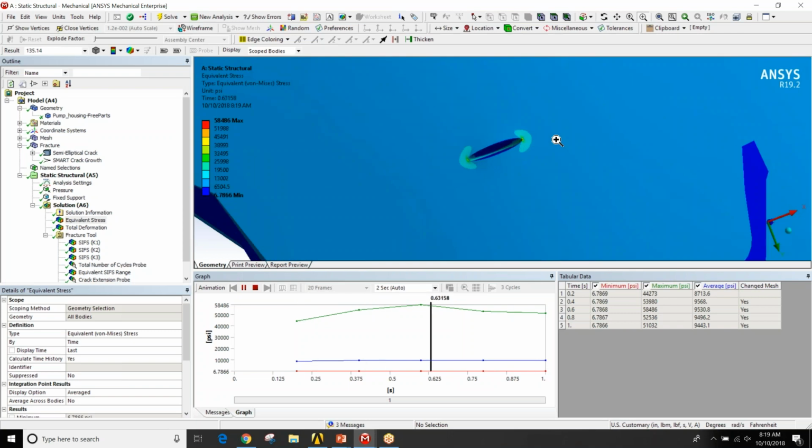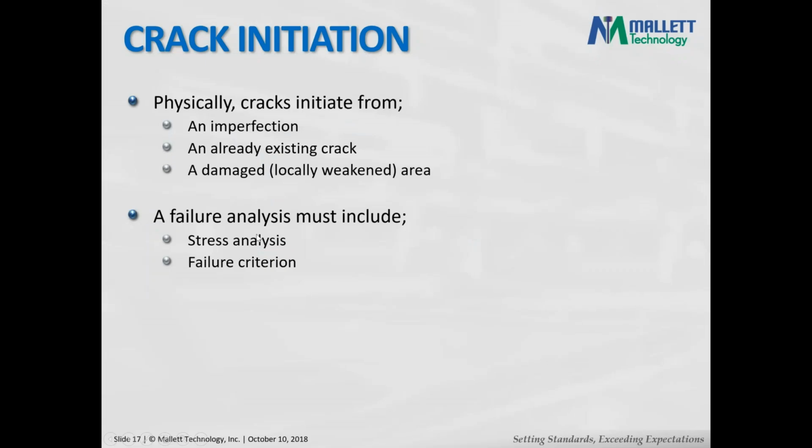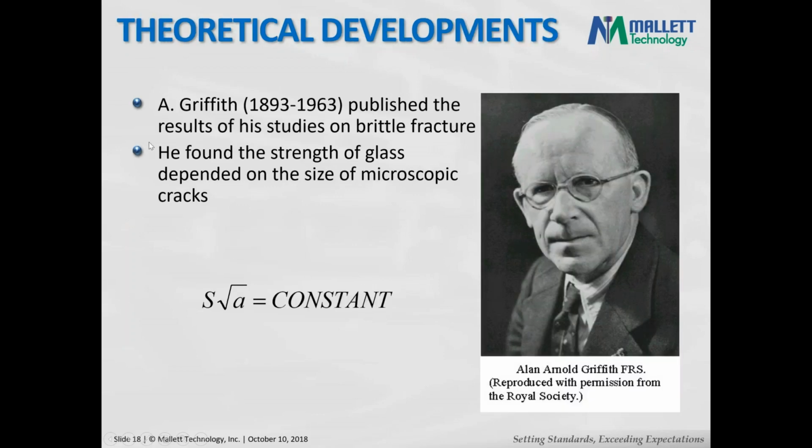But today, this simple simulation that shows how the crack grows can be done within hours. I'm talking about really a couple of hours. That's how easy it has become to do crack propagation simulations. And so a failure analysis must include a stress analysis and a failure criterion.